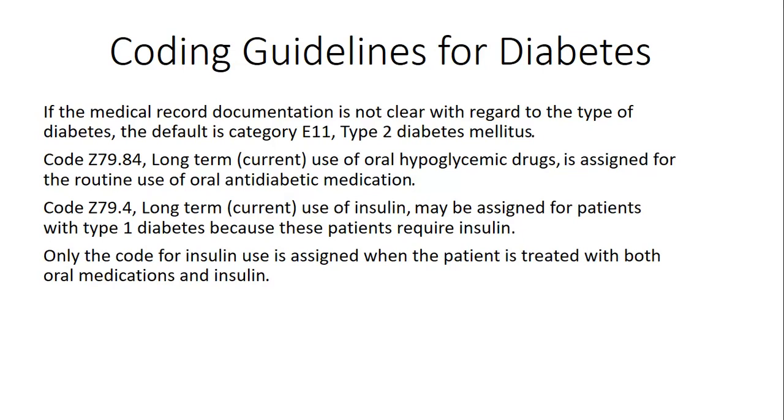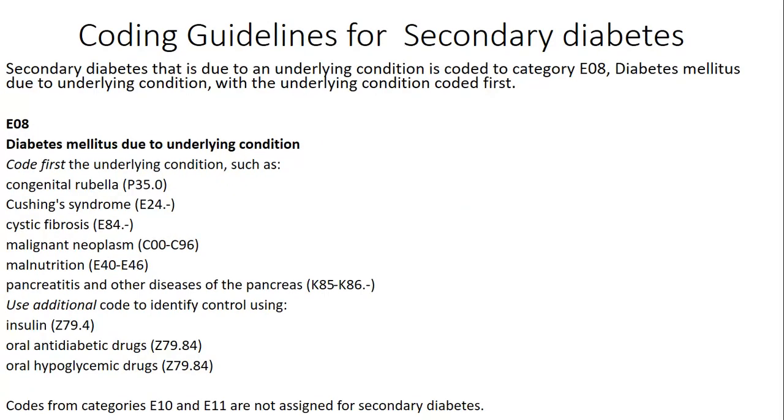Now coming to secondary diabetes, the first category is E08. Secondary diabetes that is caused due to an underlying condition is coded to category E08. Here you can see the coding instruction. First you have to code the underlying condition, like congenital rubella, Cushing syndrome, cystic fibrosis, malignant neoplasm, malnutrition, pancreatitis and other diseases of the pancreas.